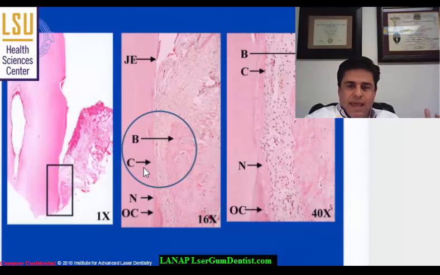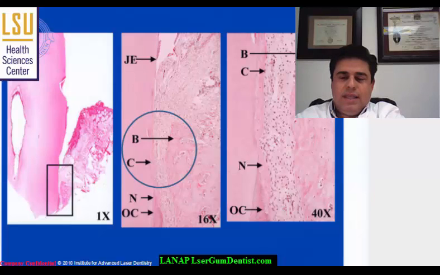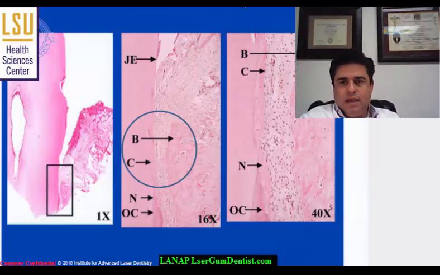At a cellular level, we're getting new cementum. We're getting new bone, new connective tissue attachment. Here's the junctional epithelium way up high. And so those who say that it doesn't work, well, maybe you like junctional epithelium. It's not a bad result, but hey, I'll take regeneration any day.